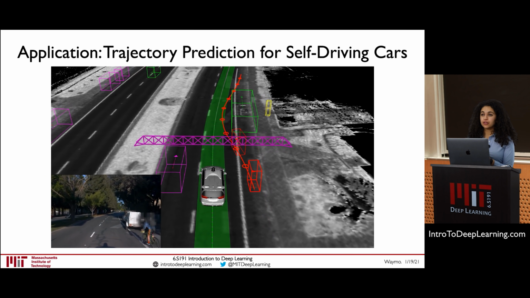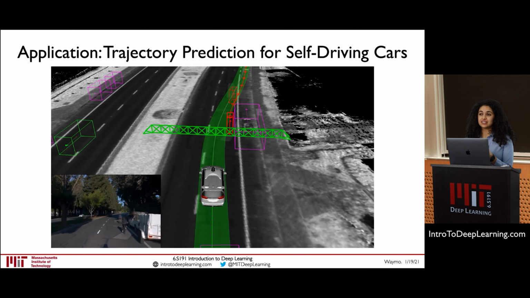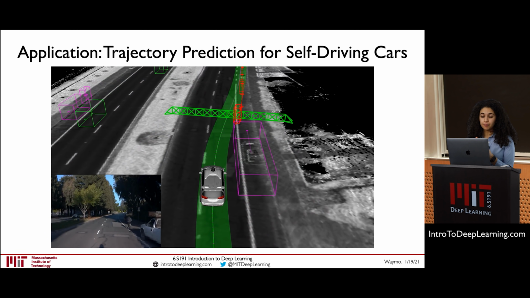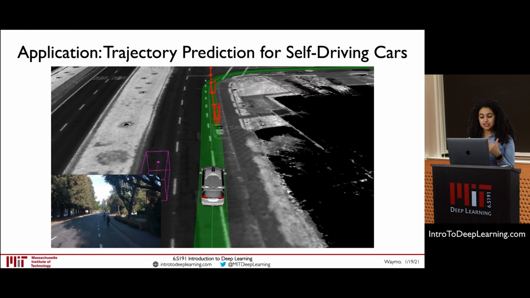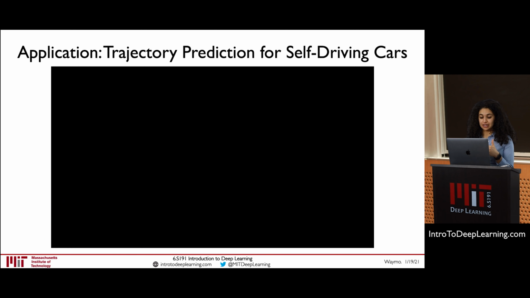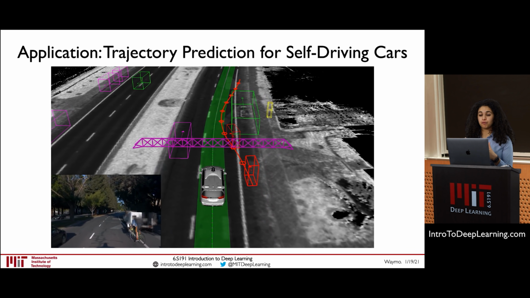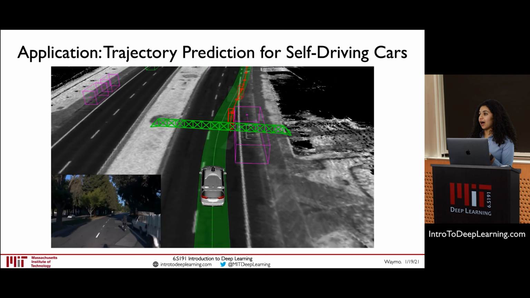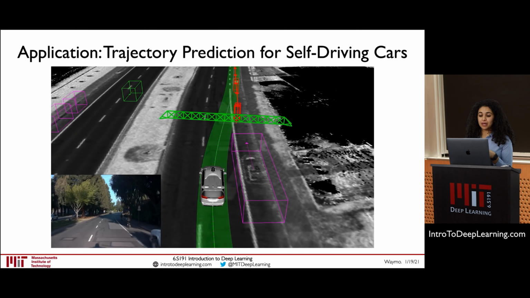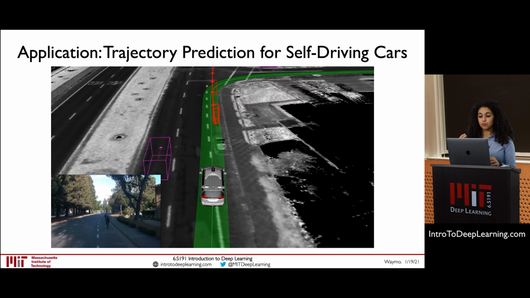And the self-driving car can recognize that the cyclist is now going to merge in front of the car. And before it does so, the self-driving car pulls back and stops. And so this is an example of trajectory prediction and forecasting in which it's clear that we need to be able to attend to and make effective predictions about where dynamic objects in a scene may move to in the future.